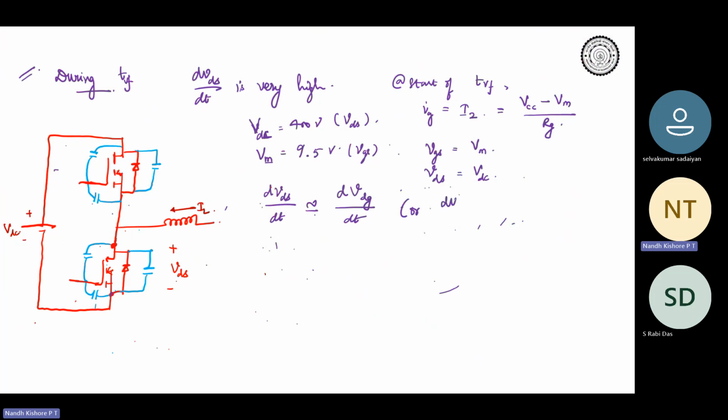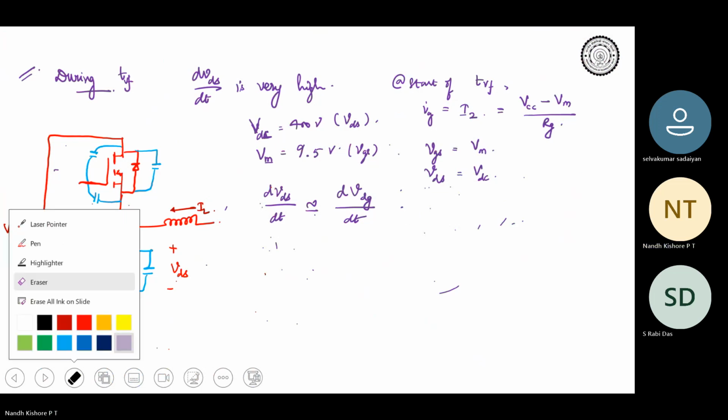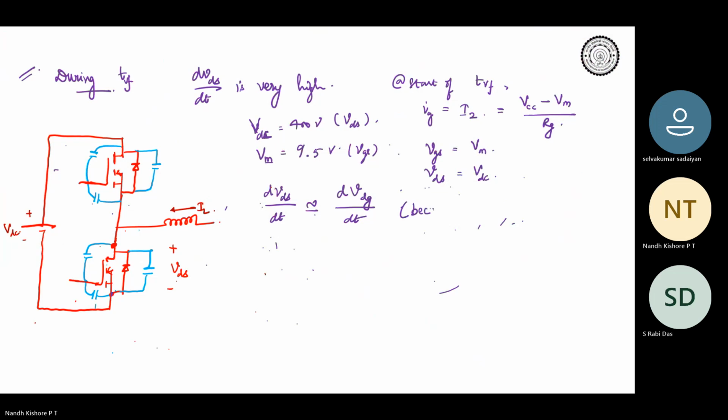Because your gate source voltage is very small compared to VDS. Because VGS is much less than VDS, I can write that dVGS by dt is much less than dVDS by dt.